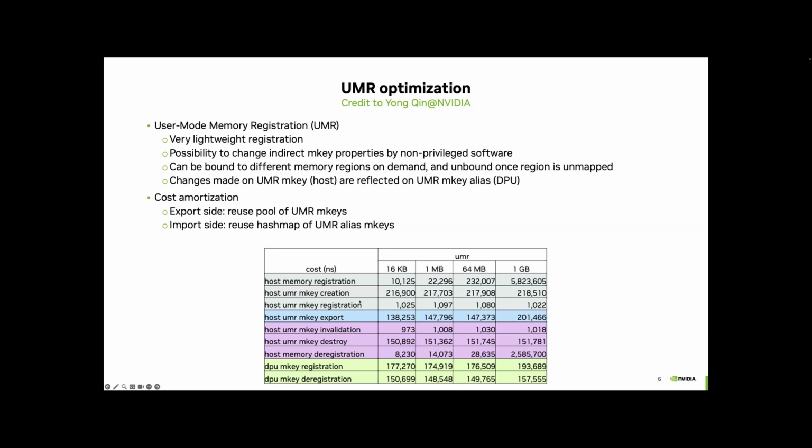You can look at this table. So here what I'm talking about is this. Registration is very, very cheap, and invalidation as well. It's a very cheap operation and doesn't depend much on the message size.